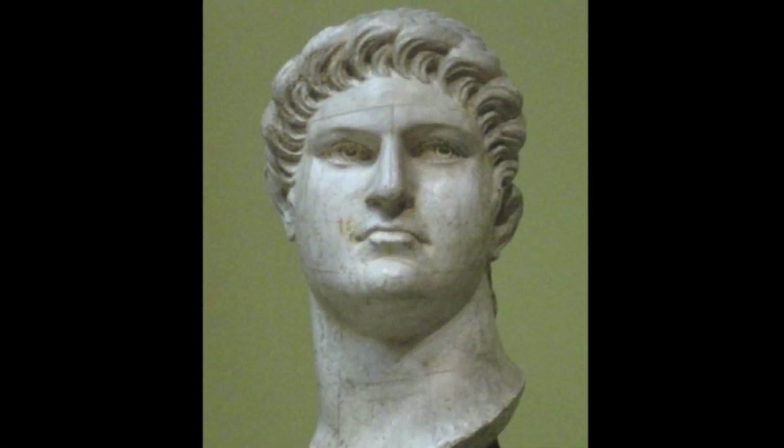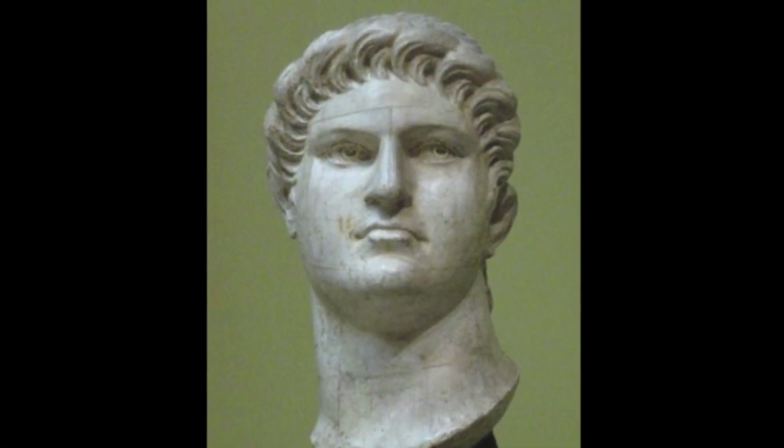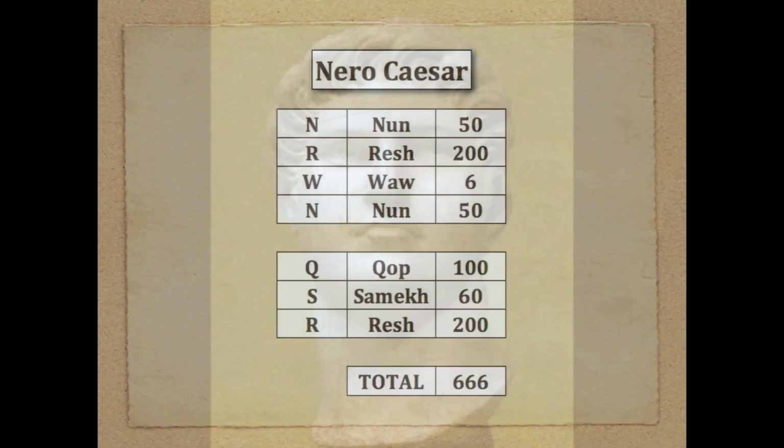If we look at other things that the book of Revelation says about the beast, it's clear that the beast is a king who rules many nations, receives divine worship, persecutes Christians, and is connected with pagan Rome. That points us towards the Roman emperors of the first century to find the true identity of the beast. It's no surprise then that when we add up the numbers of the phrase Nero Caesar in Hebrew, we get 666.